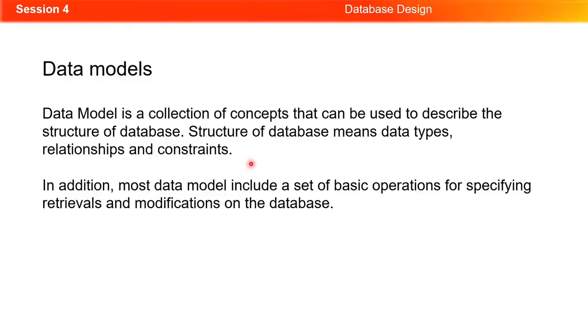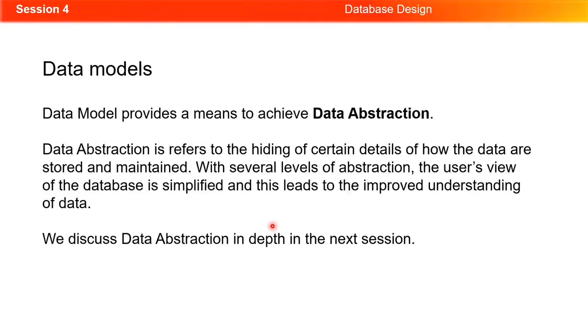And the structure of the database means the database types, the relationships, and the constraints. In addition, most data models include a set of basic operations for specifying retrievals and modifications on the database. A data model also provides a way to achieve data abstraction. Data abstraction refers to hiding certain details of how the data are stored and maintained.